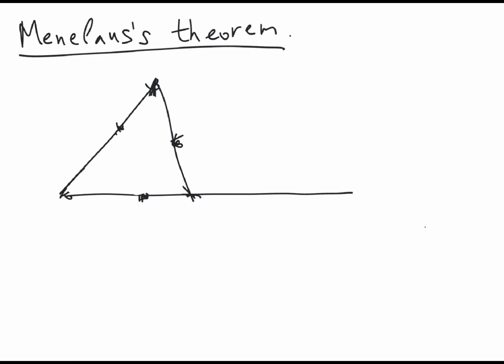So basically they cannot now all be on the sides; at least one of them must be on the extension of one side. So these 3 points lie on a single line.